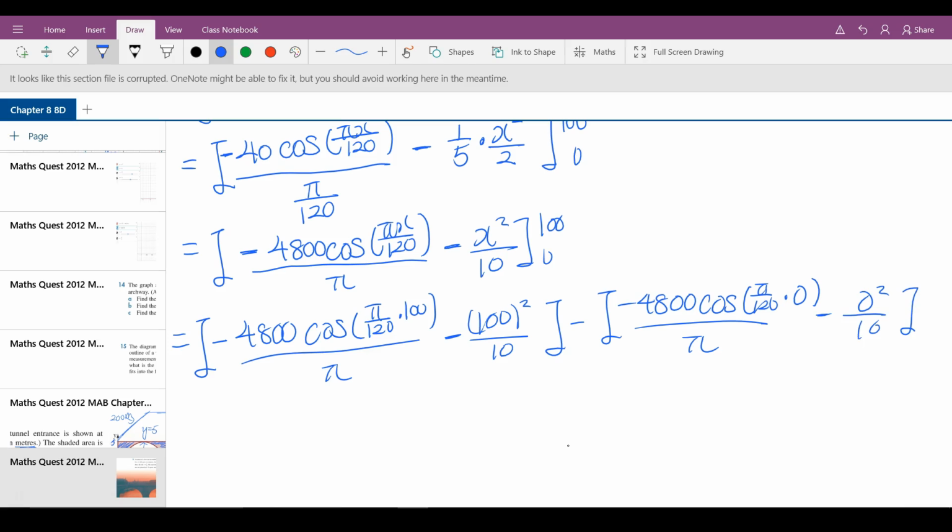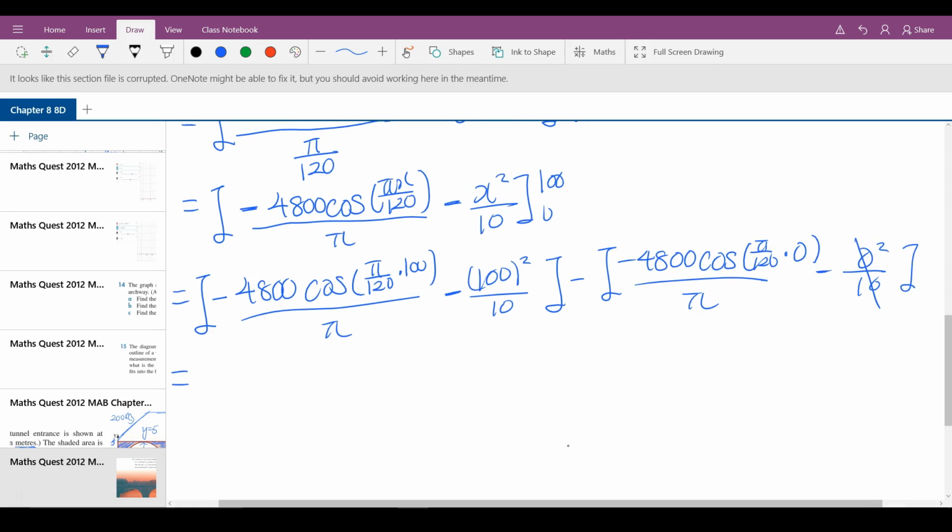Now 0 squared over 10 is 0, that's easy, so I can get one part done. So negative 4,800 multiplied by cos of that.